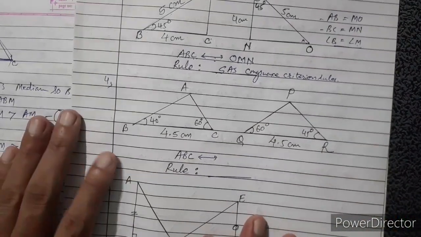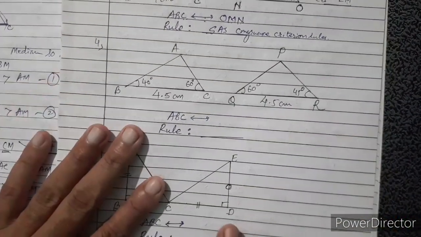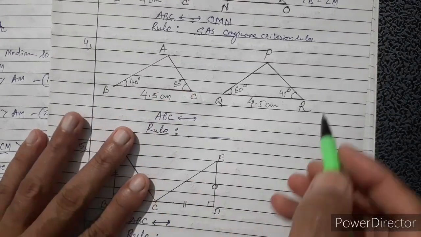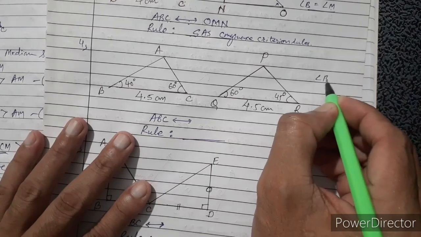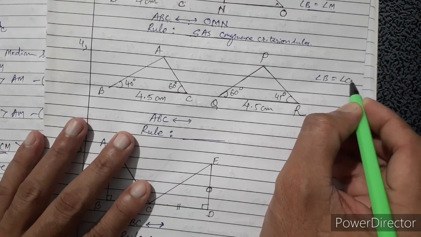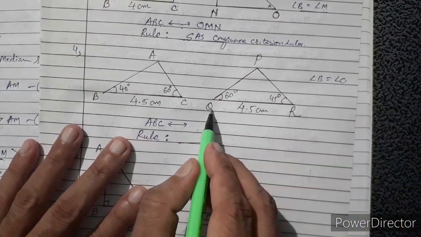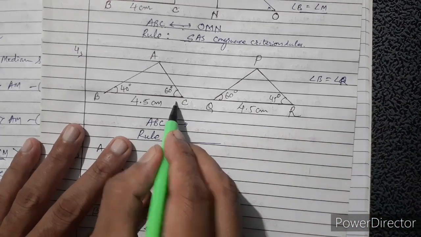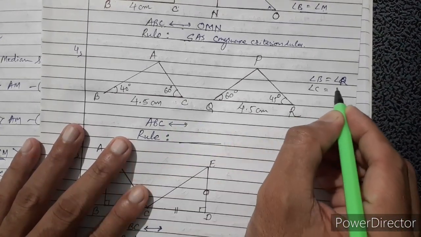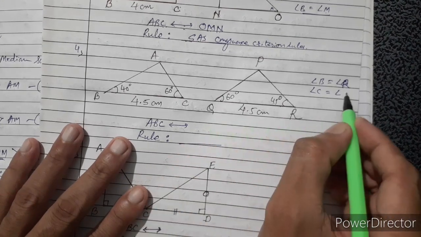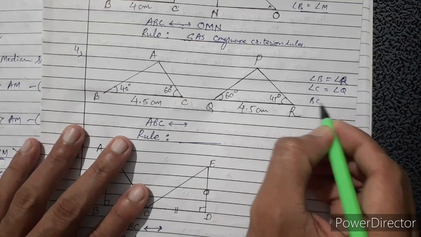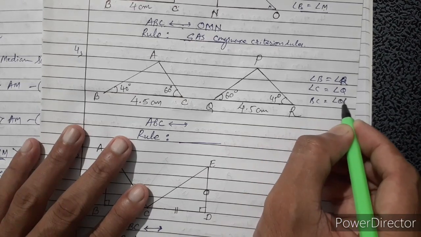Okay, here two angles and one side are congruent. Okay, angle B with angle R is there. Okay, angle C with angle Q is there, and BC and QR are equal. BC equal to QR.